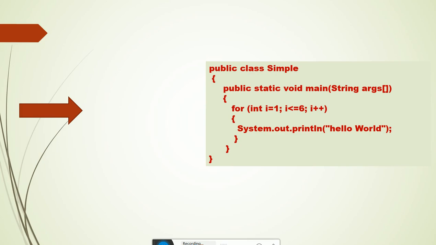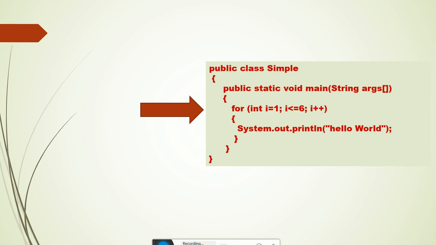So here is the for loop: int is the data type, i equal to 1. This is variable i, it will start from 1 for counting, and i less than or equal to 6 means it will execute 6 times, and then i plus plus is the increment operator.